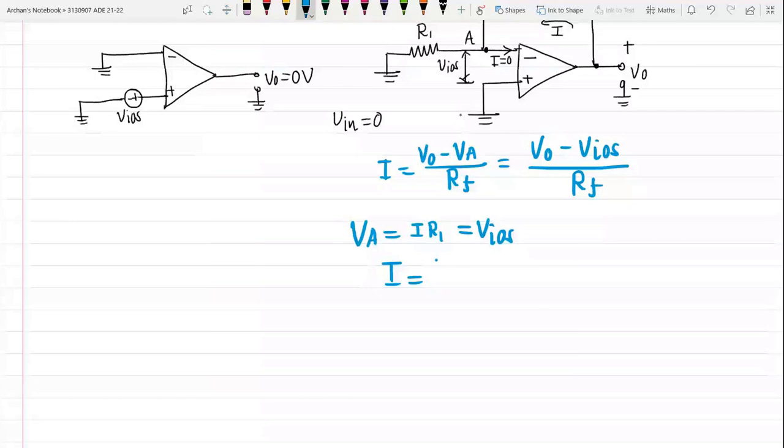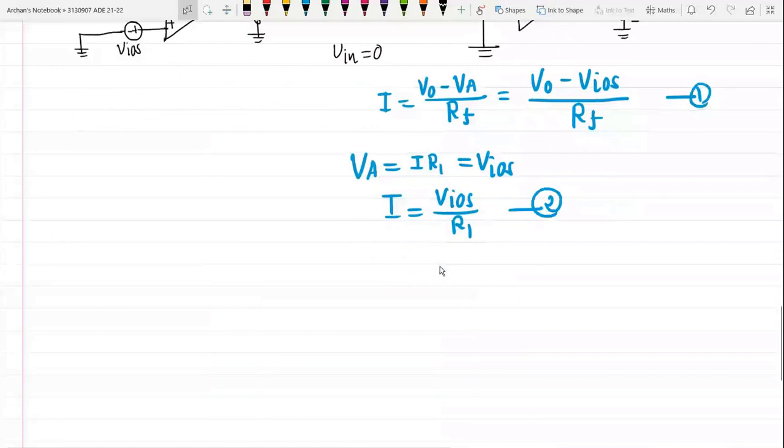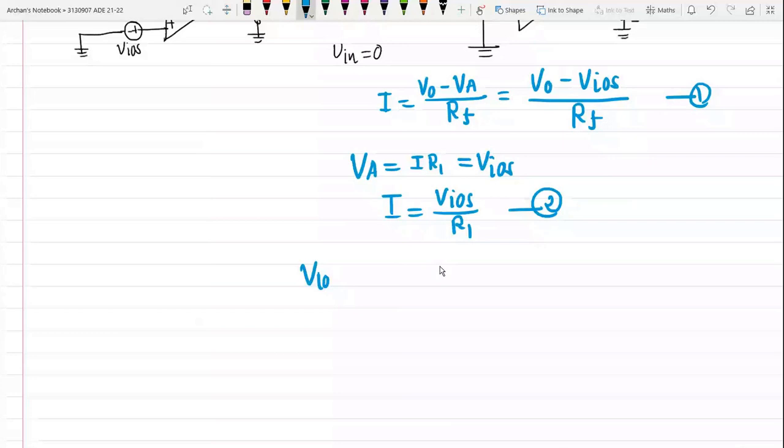Okay, now put this value. Say this is my equation 1 and this is my equation 2. So put the values of equation 2 in equation 1. We will get VIOS divided by R1 is equal to V0 minus VIOS divided by RF.